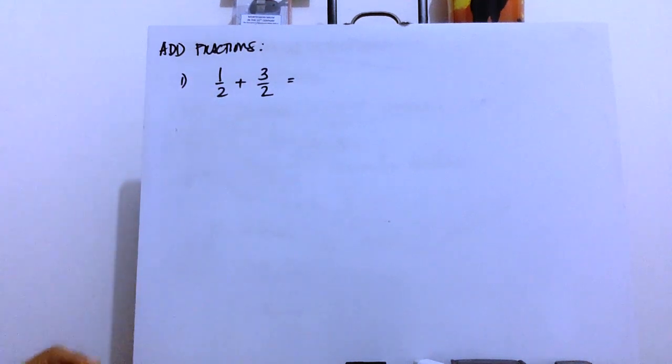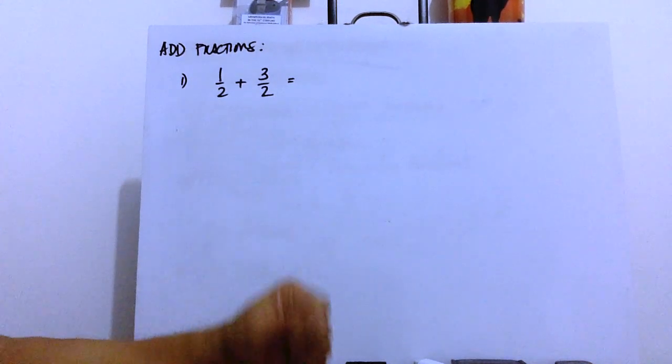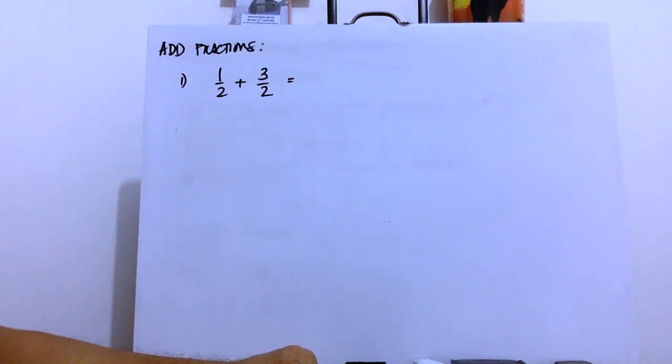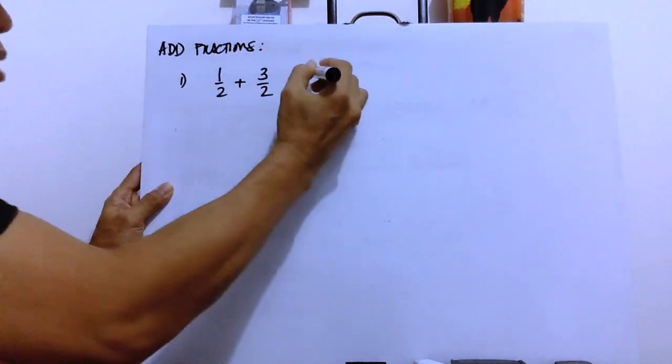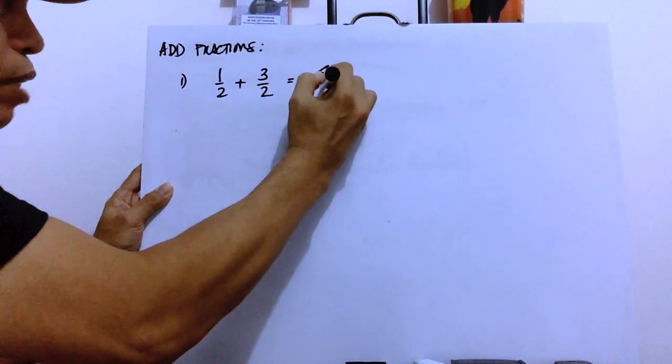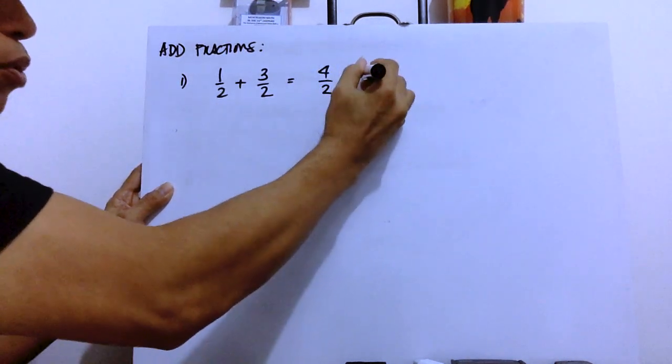Okay. Notice they have the same denominators, which means they are like fractions. And like fractions are very easy to add. Just add the numerator. Okay. So just add 1 and 3, it becomes 4, and then just copy the denominator. So the answer is 4 over 2 or 2.